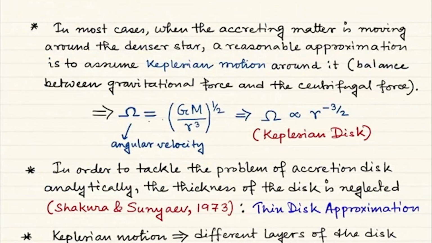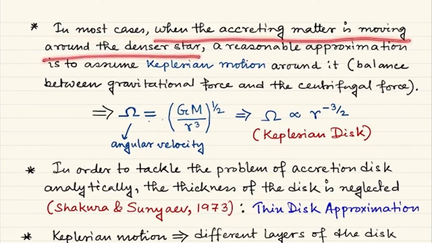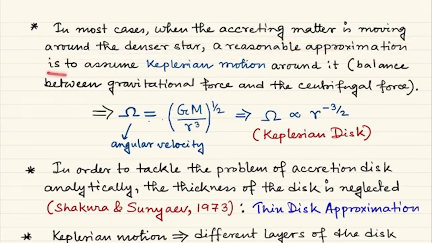Now, before coming to the other points, one thing is very simple: in most cases when the accreting matter is moving around the dense star, a reasonable approximation is to assume that any mass element which is getting accreted in a spiral path follows a Keplerian motion around the dense star.